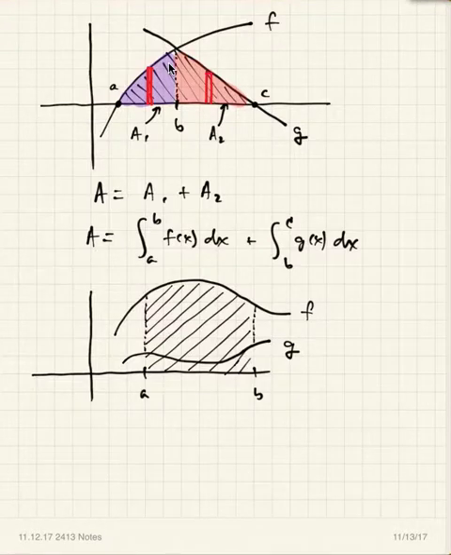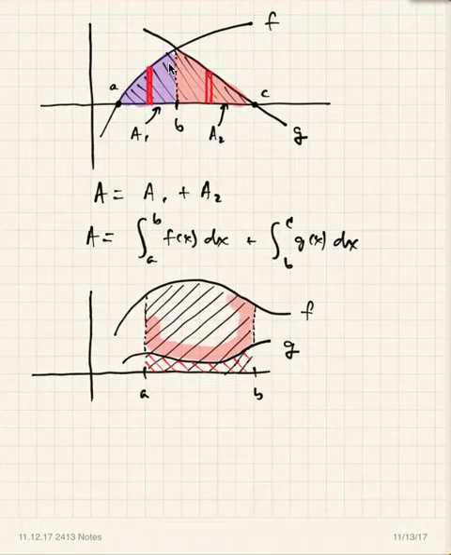Right, that shaded region would give us the integral for f. And then the integral for g between a and b would give us the area for the red region right in here. And so notice what happens when you subtract those two regions, you end up with the area that we were after, the area right in here.